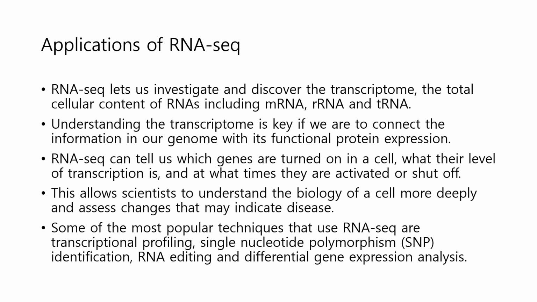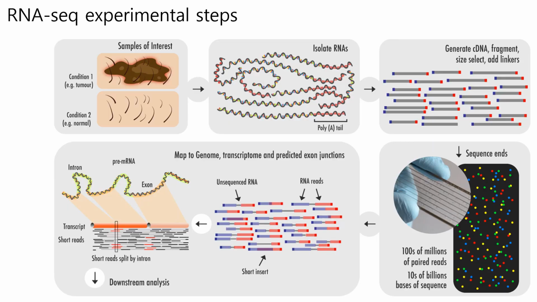RNA-seq is one of the most commonly used NGS methods. As you can see from the figures, RNA-seq experimental steps include sample collection, isolation of RNA, and making cDNA, and the following steps are similar to DNA sequencing methods.